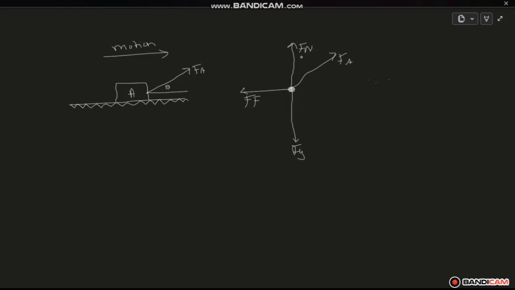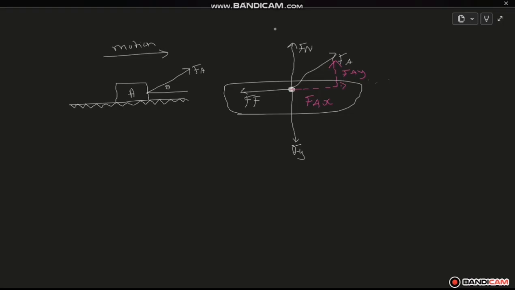What you must know here is that we'll have components, as I'm highlighting with this color. This is FAX, and here we're going to have FAY. You always do this whenever your FA is pulled at an angle. You can see now that the forces that are horizontal are FF and FAX.